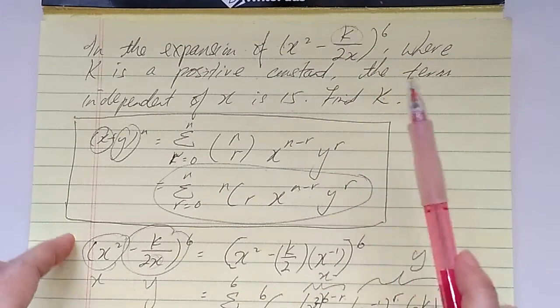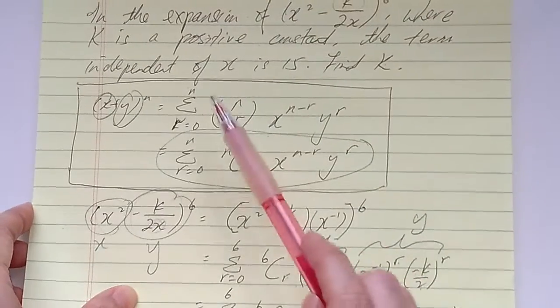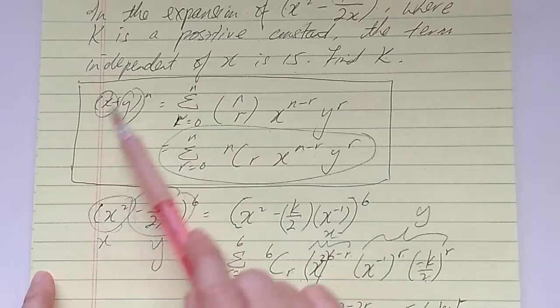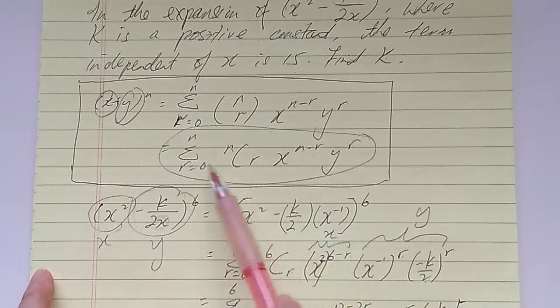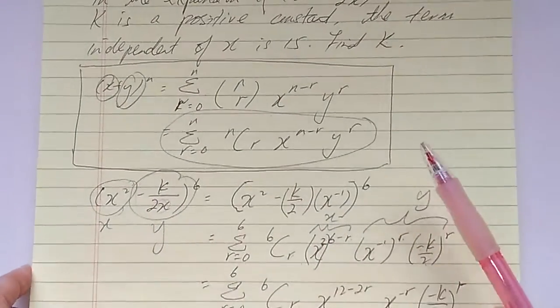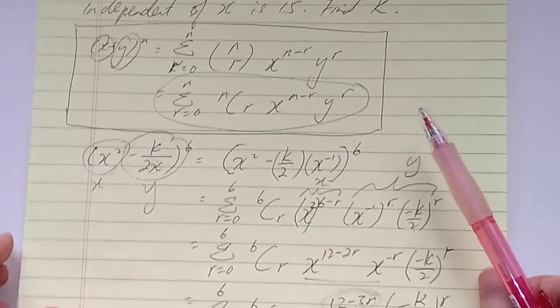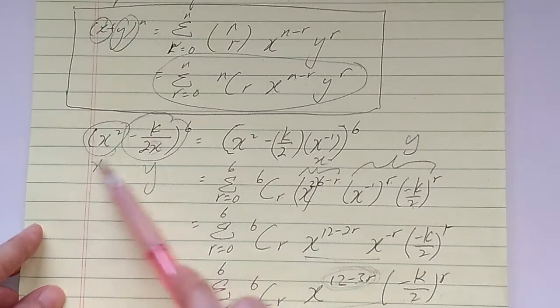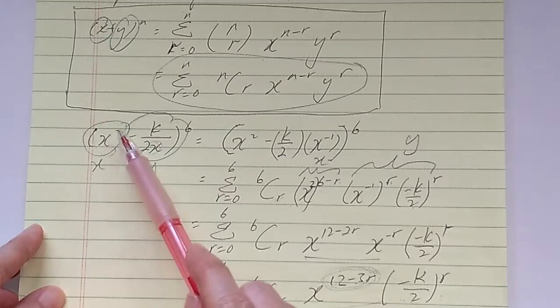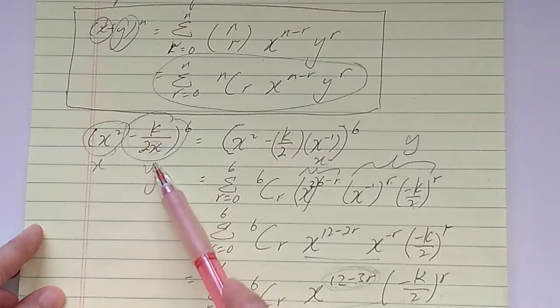We may want to use the binomial theorem to expand this. Just a refreshment, this is the binomial theorem expansion, a summation of all the terms. So this part is the x, and this part is the y, if you put x squared plus minus k over 2x.